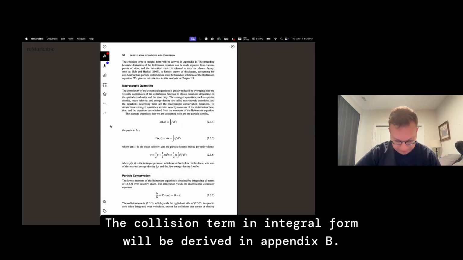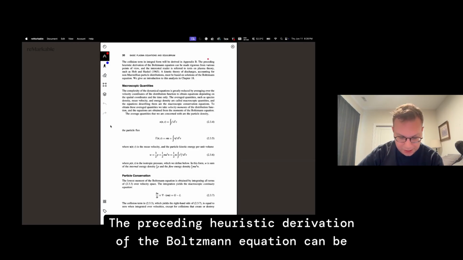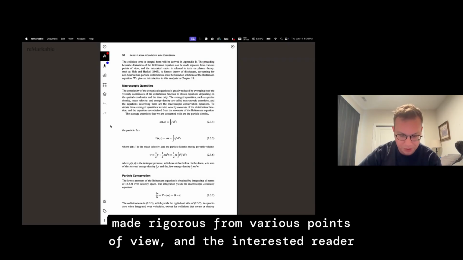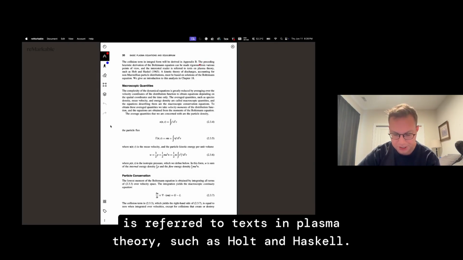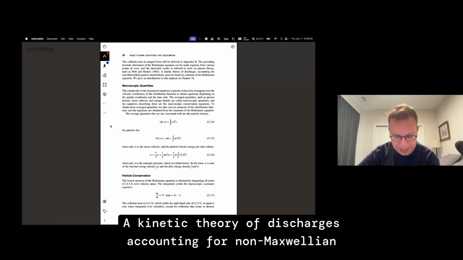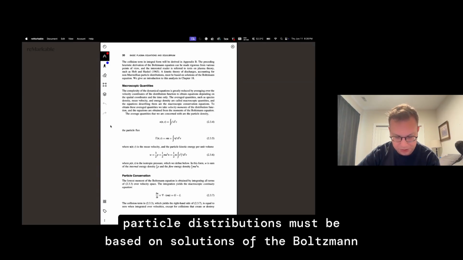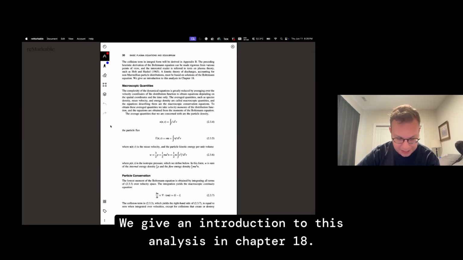The collision term in integral form will be derived in Appendix B. The preceding heuristic derivation of the Boltzmann equation can be made rigorous from various points of view, and the interested reader is referred to texts in plasma theory, such as Holt and Haskell. A kinetic theory of discharges accounting for non-Maxwellian particle distributions must be based on solutions of the Boltzmann equation. We give an introduction to this analysis in chapter 18.